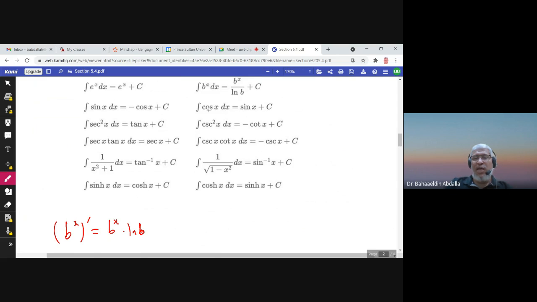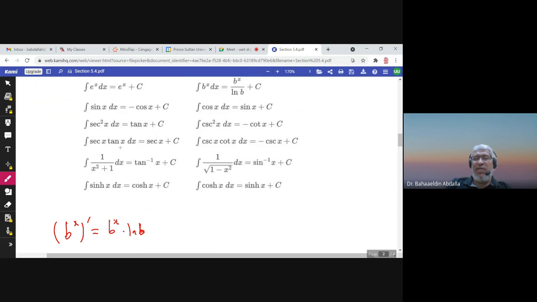Integral of cosine is sine because the derivative of sine is cosine. Integral of sine is negative cosine because the derivative of cosine is negative sine. Integral of secant square is tan because the derivative of tan is secant square. Integral of cosecant square is negative cotan because the derivative of cotan is negative cosecant square.